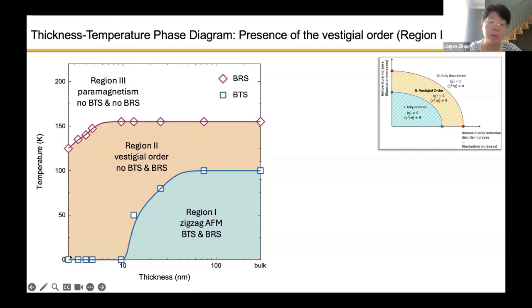But for the samples that are thinner than 10 nanometer and all the way down to bilayer, we only see 2 regimes, which are the paramagnetic regime and the vestigial regime. So this is the same as the phase diagram that we motivated with at the beginning.